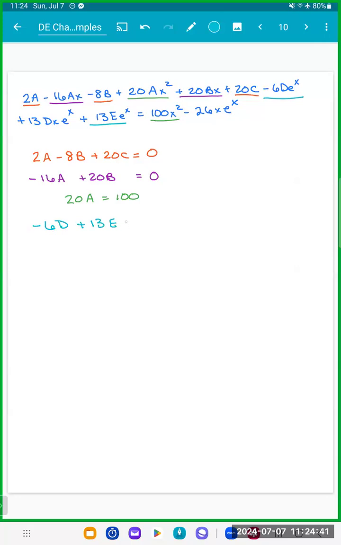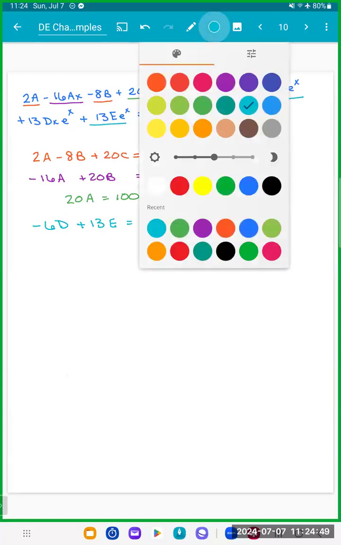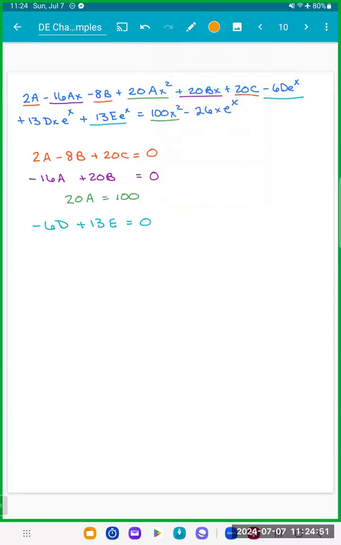No, we don't, not on the right-hand side. So that is equal to 0. Okay. Now let's look at where we have x e to the x as part of our coefficient. And so that is 13d is equal to negative 26.